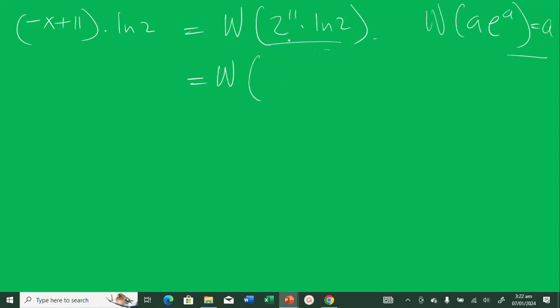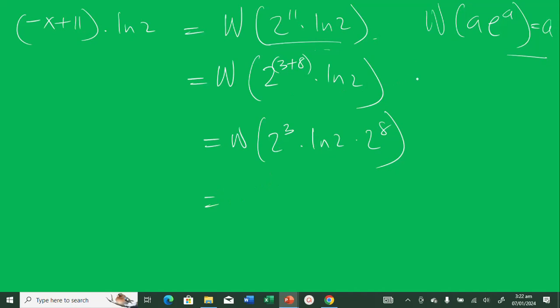Now, 2 to the power 11 is the same thing as 2 to the power 3 plus 8 times natural log 2. Now, this will give you W of 2 to the power 3 times natural log 2 times 2 to the power 8.